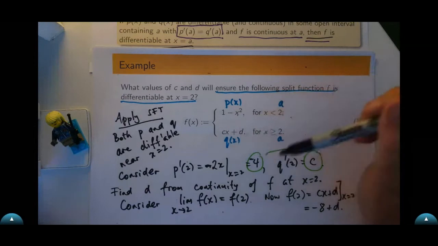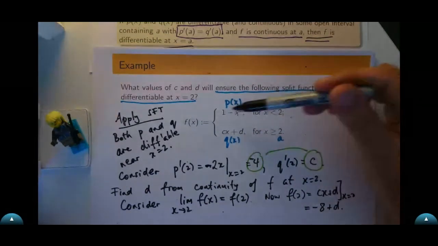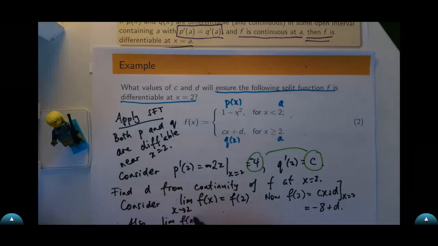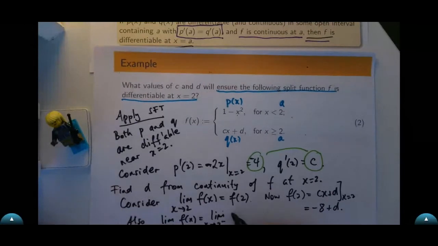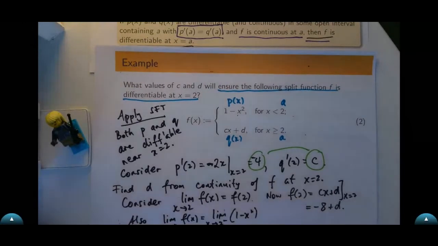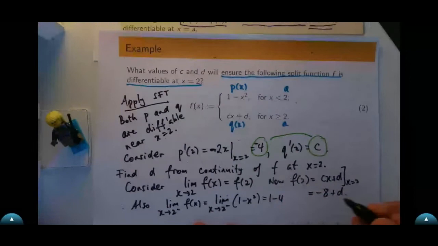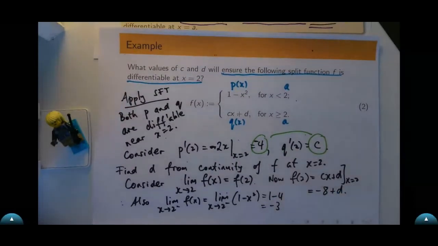So now let's take these limits. What's the limit going to be as x approaches 2 from the left? It's going to be 1 minus x squared. So that's just a polynomial, so we can just put that in. And you're going to get 1 minus 4 equals negative 3. So we want those two things to be equal.